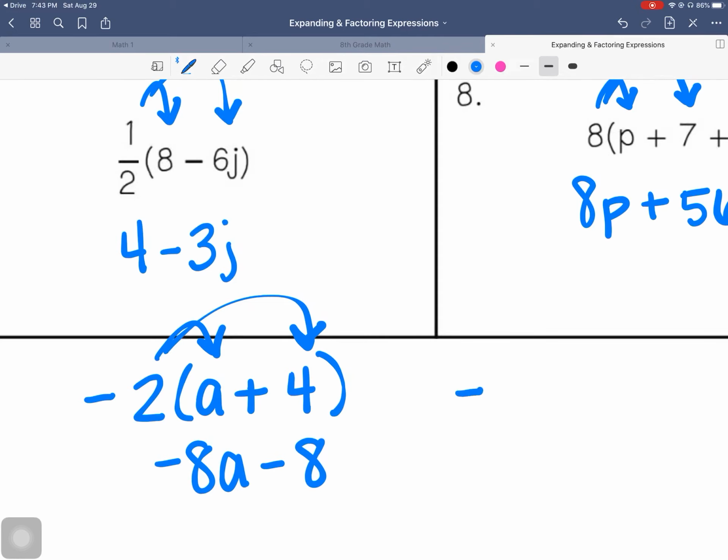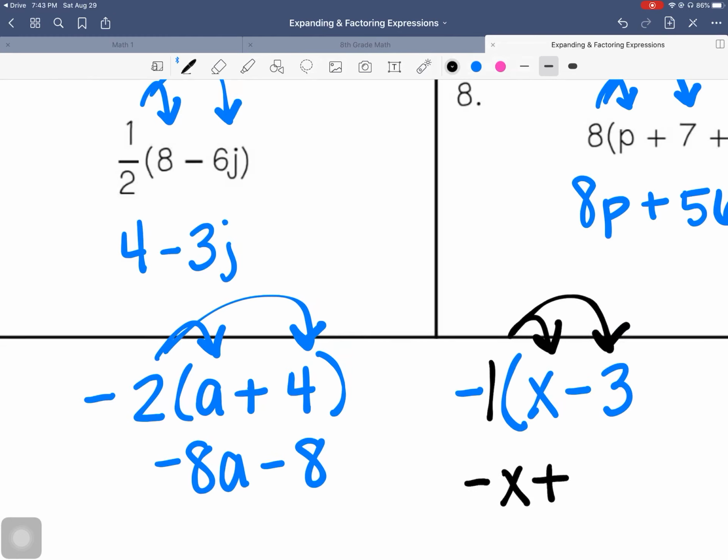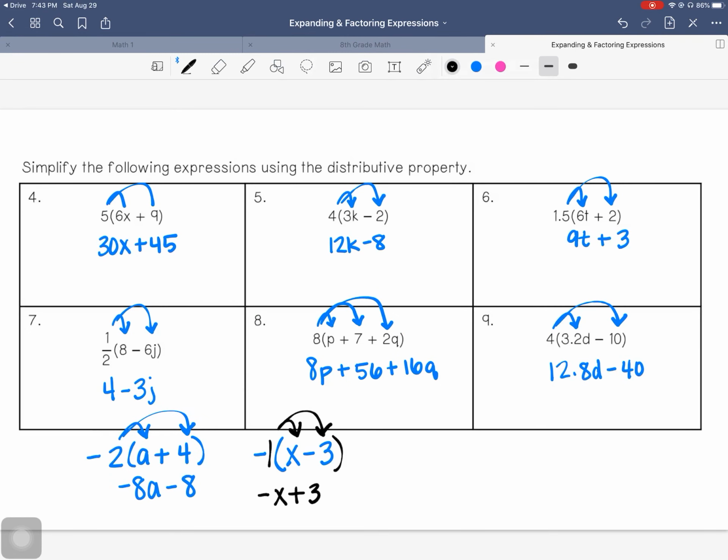We could also be given a problem, negative times x minus 3. Now, we do not have a number with this negative sign, but we can always place a 1 there. This will leave us with negative x plus 3, because negative 1 times negative 3 is positive 3. Take a moment to include this in your notes.